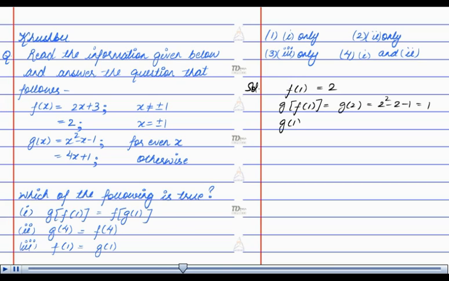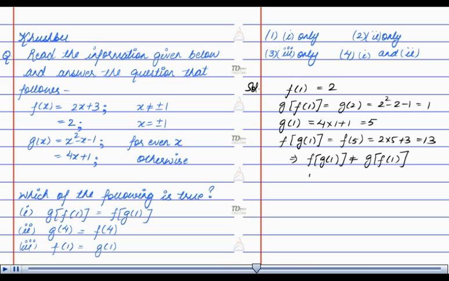Next we calculate g(1), which comes out to be 4 into 1 plus 1, that is 5. f(g(1)) therefore becomes f(5), that is 2 into 5 plus 3, which is 13. This implies that f(g(1)) is not equal to g(f(1)). Therefore, first is not true.